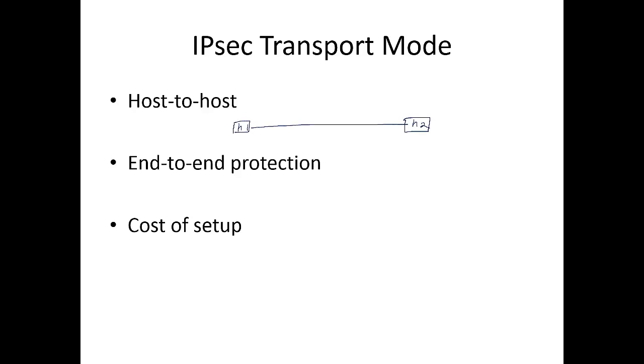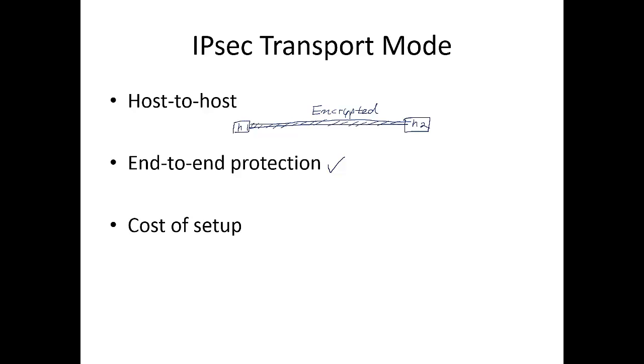hosts are connected directly using IPsec, and all the data that's going back and forth between the 2 hosts is protected by encryption. That's why we call this end-to-end protection, because whatever goes between the 2 hosts is completely encrypted.